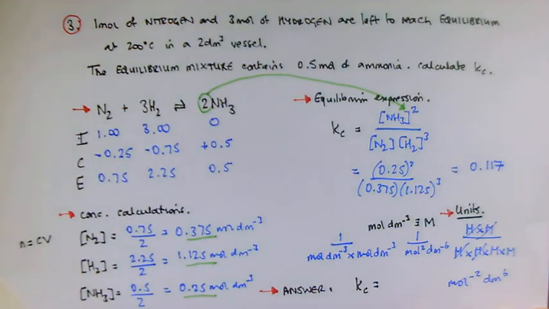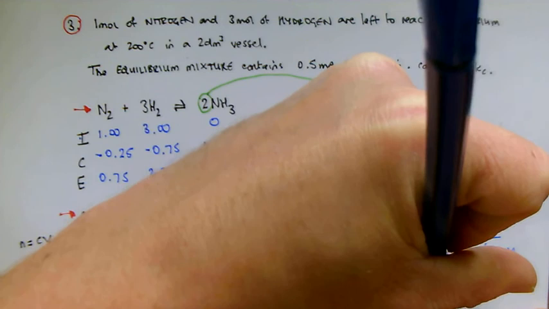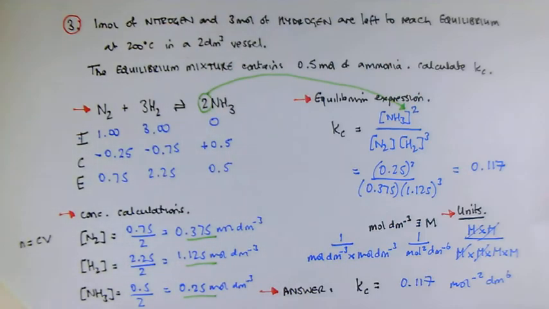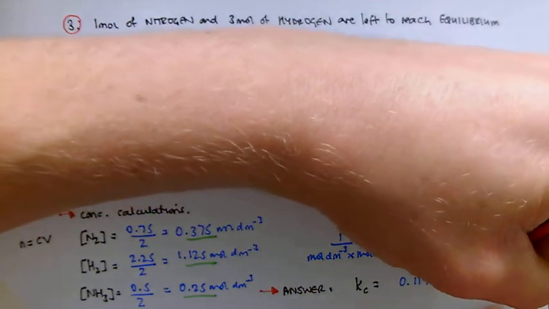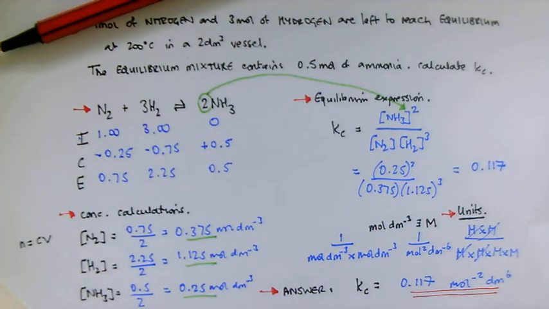Those are your units. Your answer is 0.117. So your final answer is Kc is 0.117 mole to the minus 2 dm to the 6.